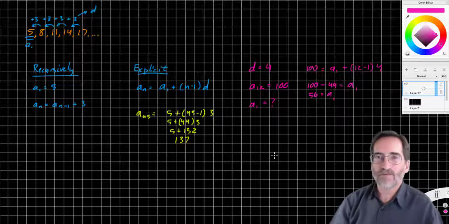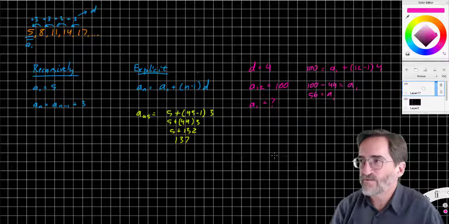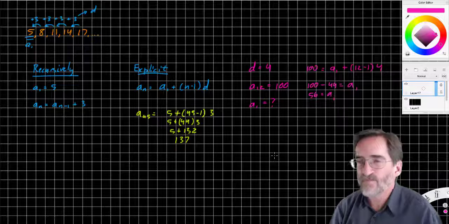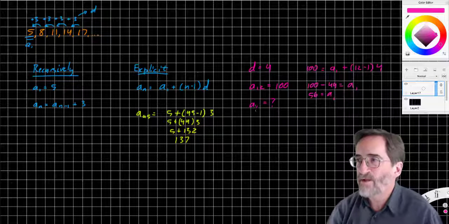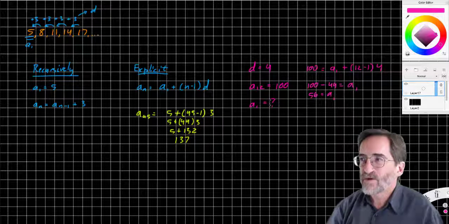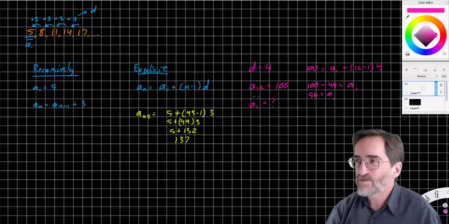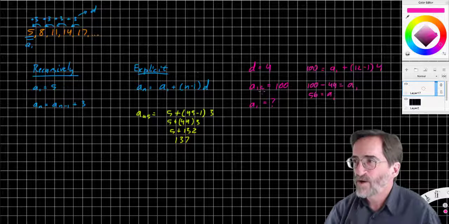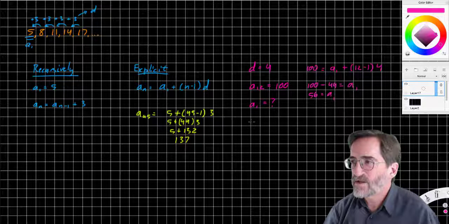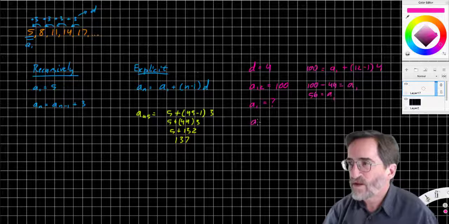And I could then reconstruct this sequence. It's 56, 60, 64, 68, and so on. Now that's a direct approach. You could use a more indirect approach. If I know the difference between 12 and 1, for example, maybe I want to find a sub 5, the fifth term.